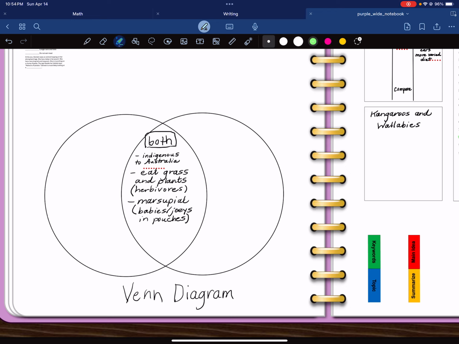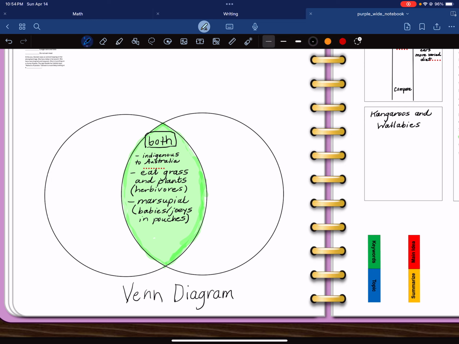So in this section of the diagram, we are looking at how they are alike. So anything that goes in here is a comparison. It's a likeness. Both of them fit the description. And this will always be true with a Venn. Anything in this middle section is going to be how the two things are alike.